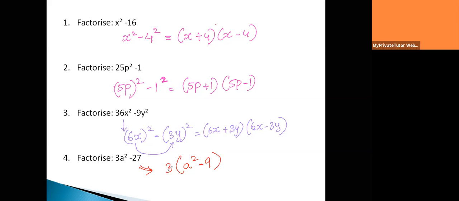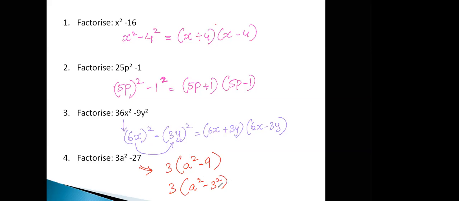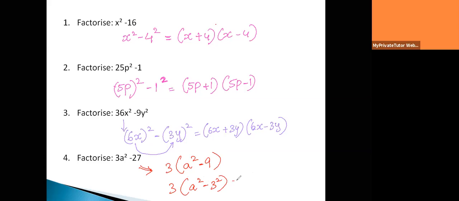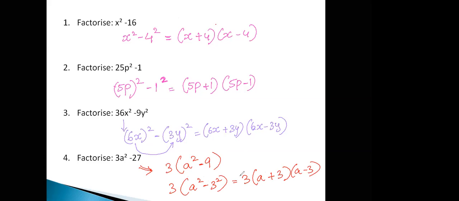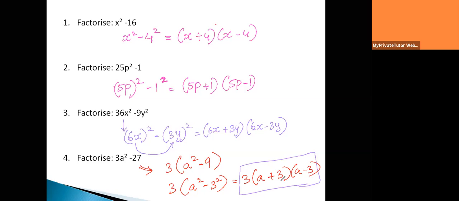So you need to take out the 3 in this case, and then you need to simplify the other term, which is a square minus 3 square. So expand this, Iris, you will get the answer, which is 3 into a plus 3, a minus 3. Iris, do you understand that? Yes.